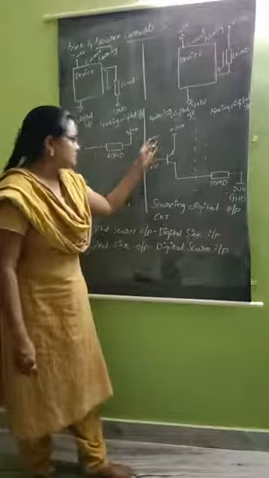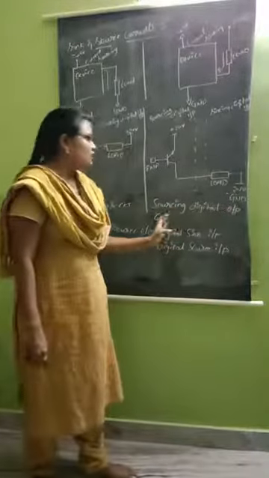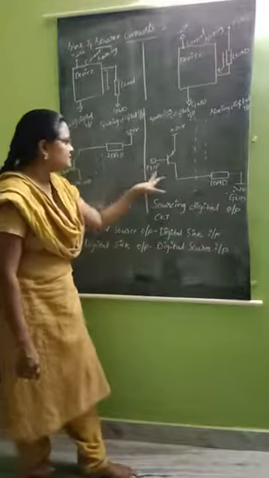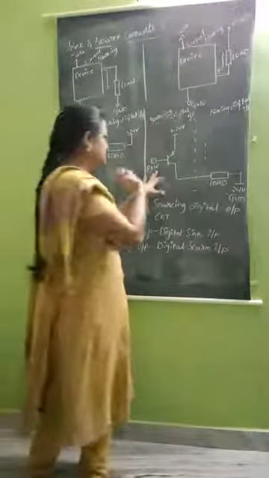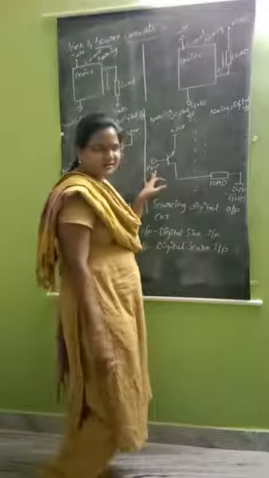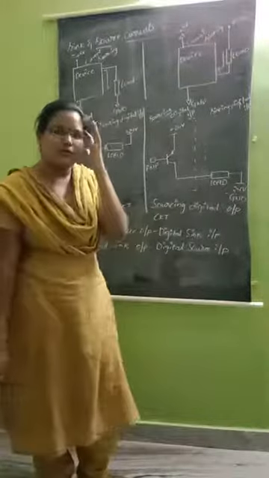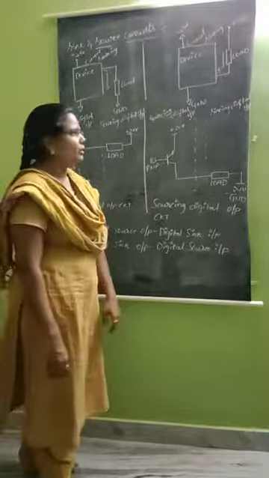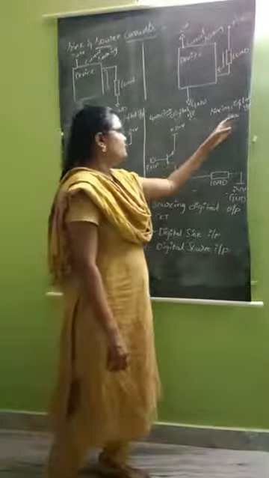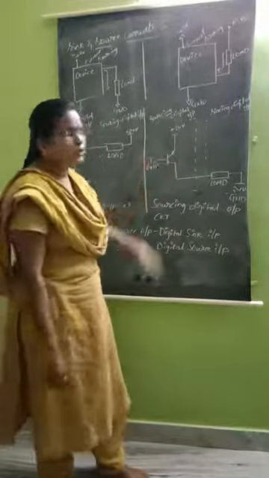This is the sourcing digital output circuit. In this circuit diagram, we used an NPN transistor, and this is the load. Here also 24 volts is applied to the entire circuit. Here the sinking digital input is connected to the sourcing digital output.